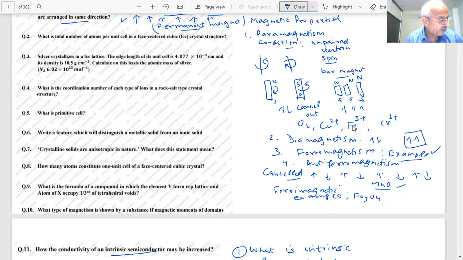These are the iron ores. You are aware of magnetites, ferrites. What are ferrites, student? MgFe2O4. They usually ask the names of these examples. You can give the examples.